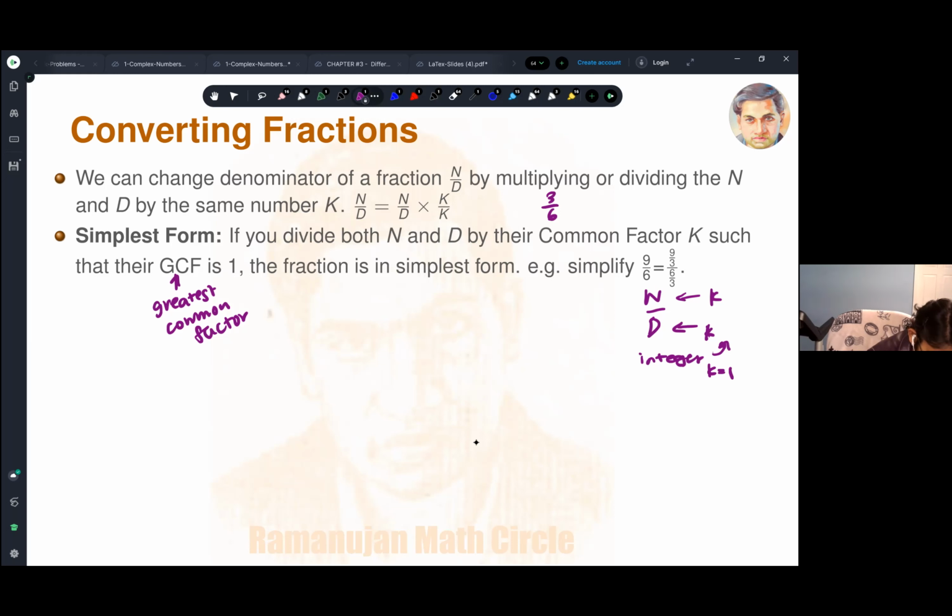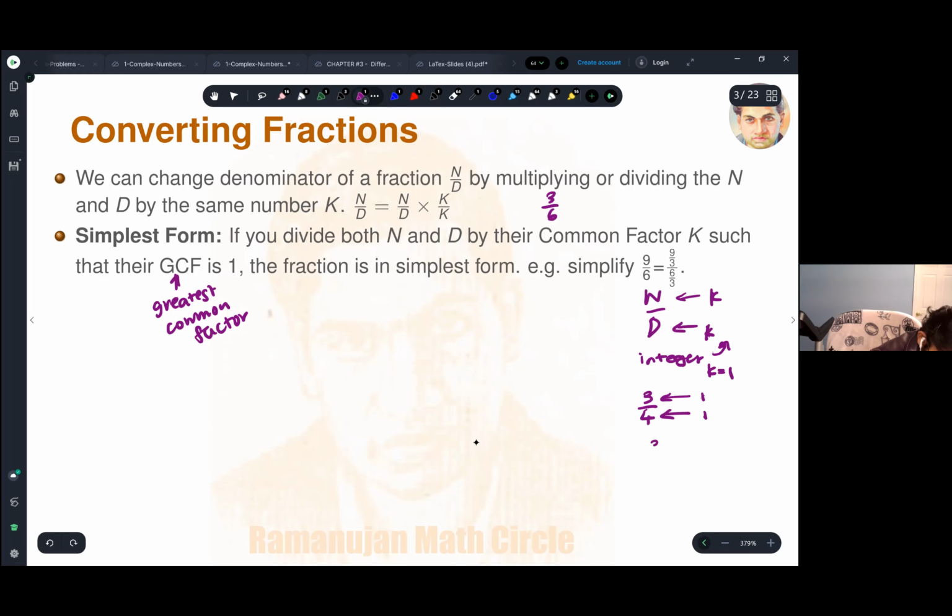For example, if we had 3/4, you can only divide 3 and 4 by the whole number 1.